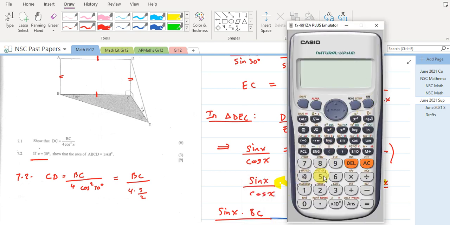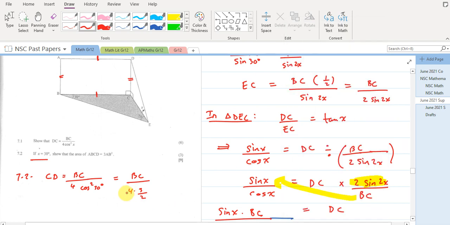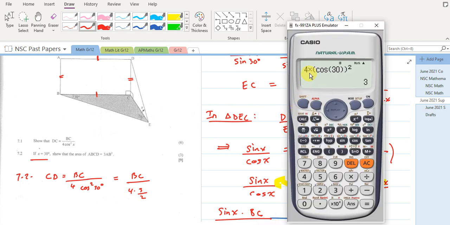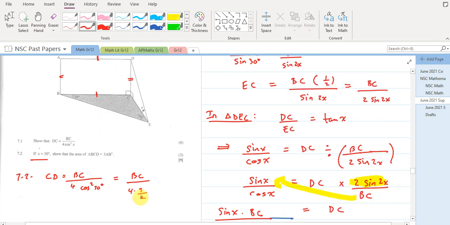So 4 times cos of 30 squared, we're getting an answer of 3. Wait 1 second, how do we get an answer of 3? Cos of 30 was root 3 over 2, so cos squared is 3 over 4 rather.